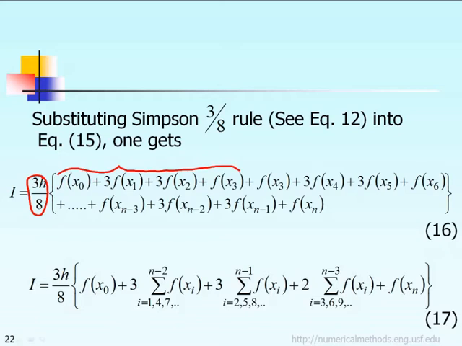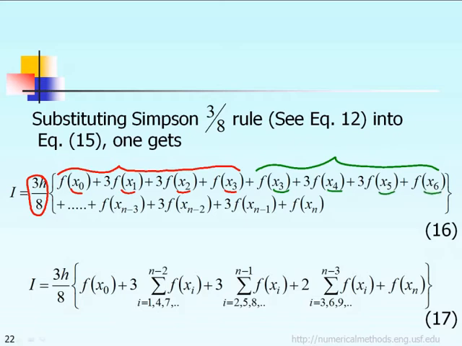For the second segment, you will start with x3, x4, x5, x6. So you can see the formula is the same as the first part. The only thing different is that instead of x0, x1, x2, x3 for the first segment, for the second segment you use the same formula, but instead of x0 you say x3, instead of x1 you say x4, x2 now becomes x5, and x3 now becomes x6.